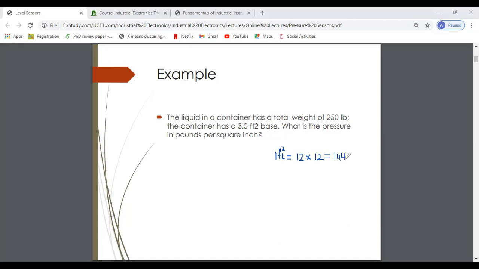And as we know that the liquid in a container has a total weight of 250 pounds, so we have to divide 250 by the area, 3 feet square.